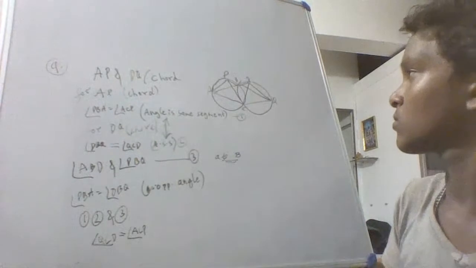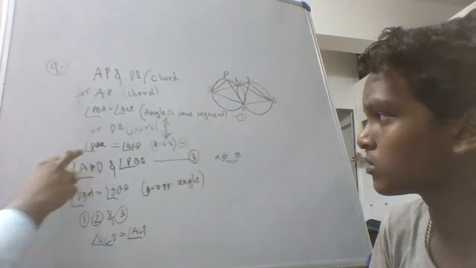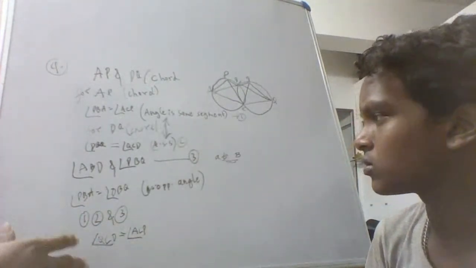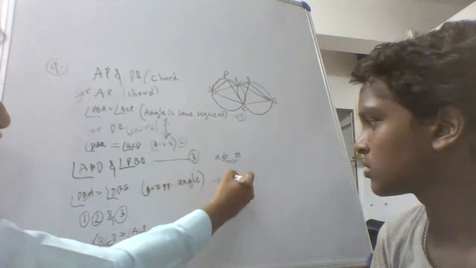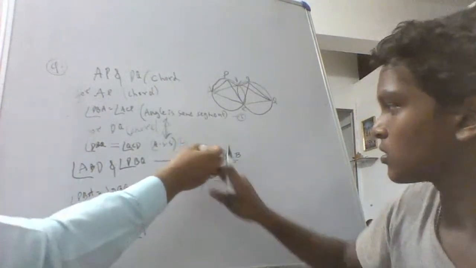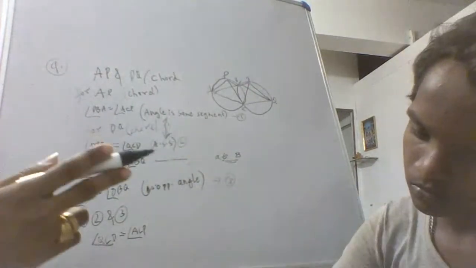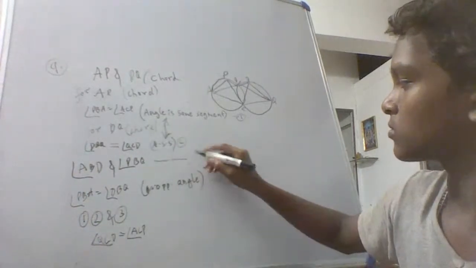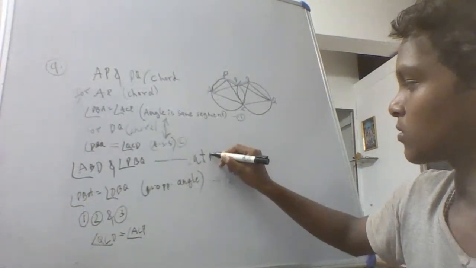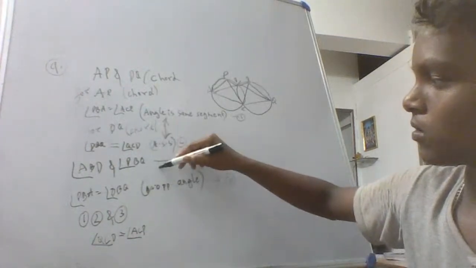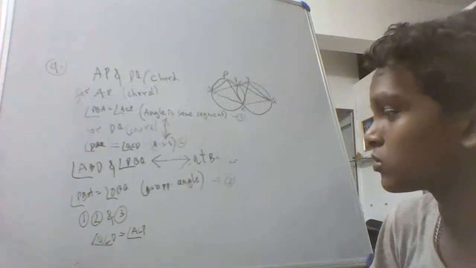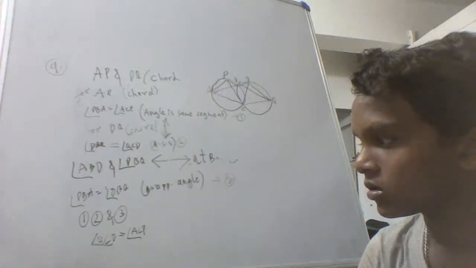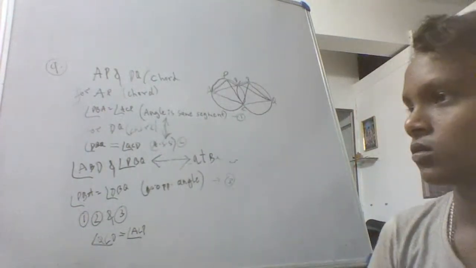Afterwards we got angle DBQ equal to angle QCD, equation 2, and this is equation 3, the intersection point at B. So hence, from equations 1, 2, and 3, we obtained angle ACP is equal to angle QCD. So hence we have proved it.